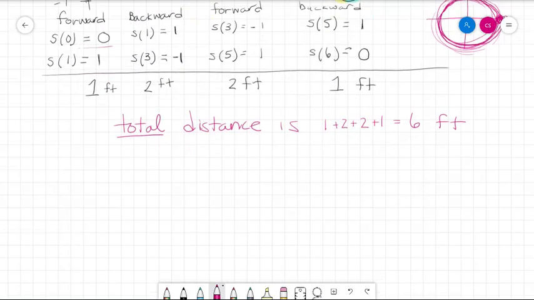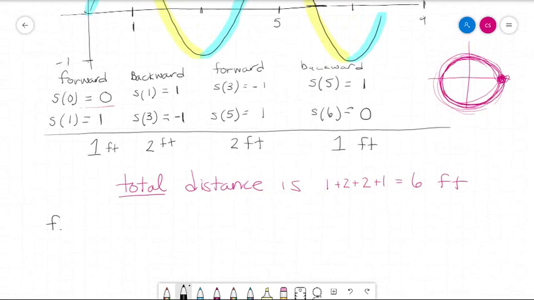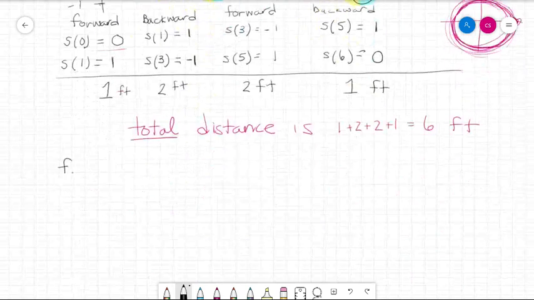Okay, so goodness, where are we? Part F. This is a long problem, right? We're going to draw a diagram to illustrate the motion. Okay, and again, this is our sine function. This is our position function. Our distance, because it's a sine function, we're only going from -1 to 1. Okay, and we're just oscillating back and forth.